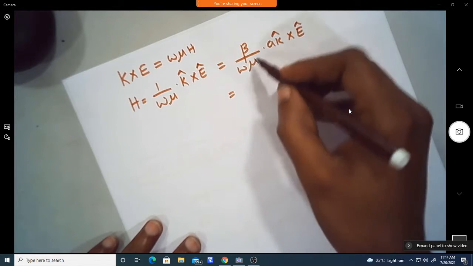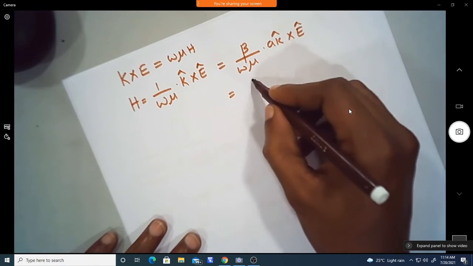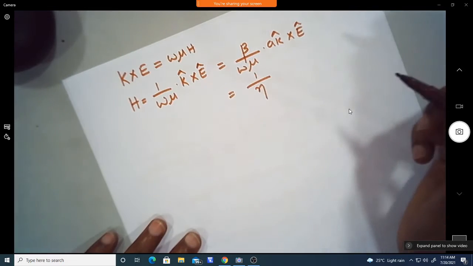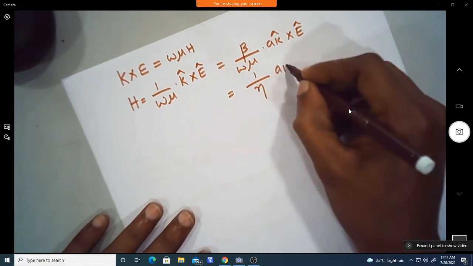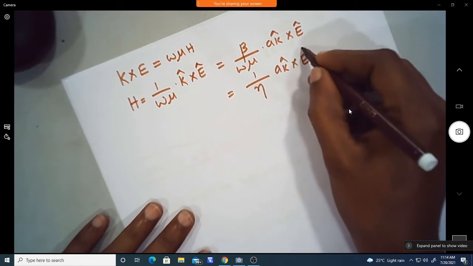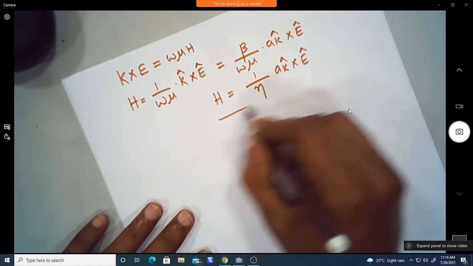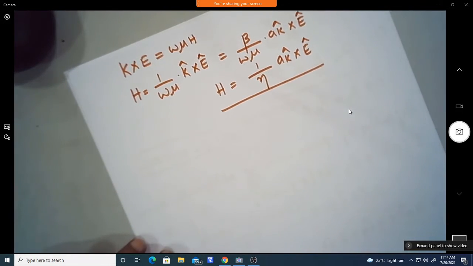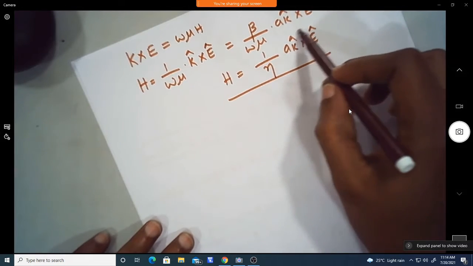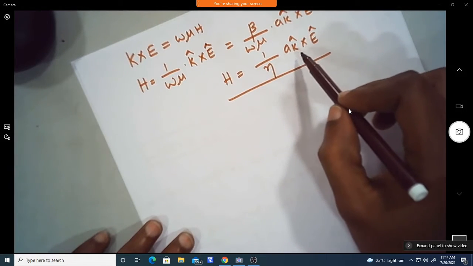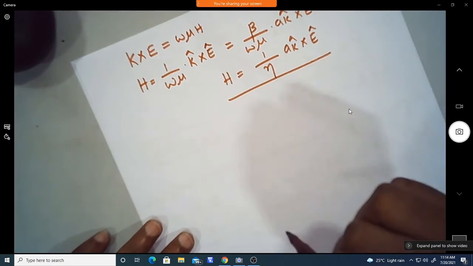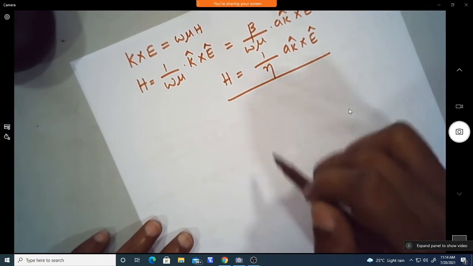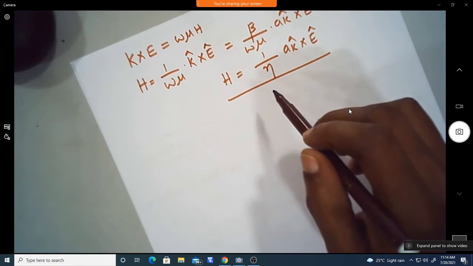If I replace and calculate that, you will get 1 over eta, that is, root of epsilon by mu, and this is the final expression for finding the value of H. So if I know both the propagation vector and the electric field vector, we can compute the magnetic field. This is the general expression for E and H.